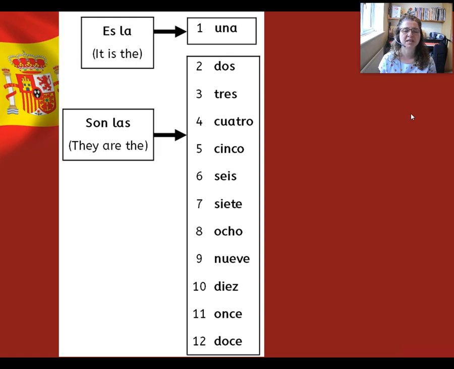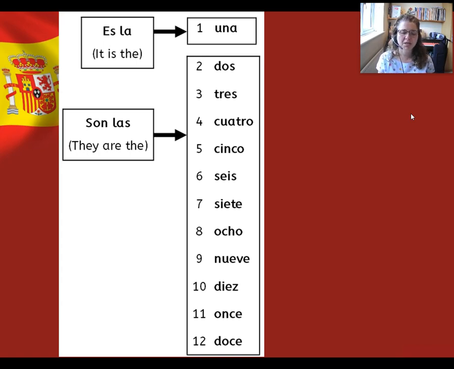How would you say, it is 5 o'clock? Son las 5. How about, it is 1 o'clock? Be careful. Es la una. It is 11 o'clock. Son las 11. Let's do one more. It is 12 o'clock. Son las 12.